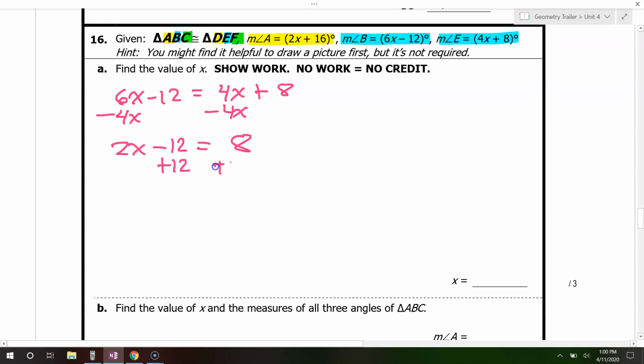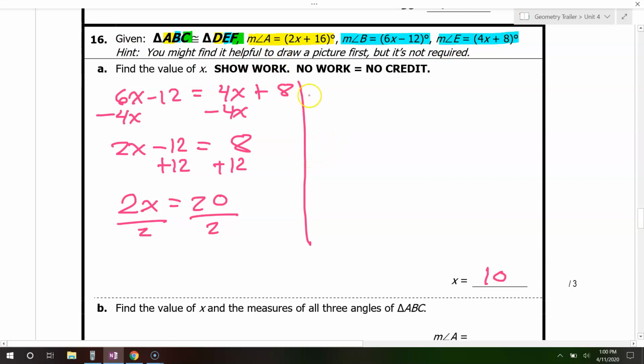If you add 12 to both sides, that tells you that 2x is equal to 20. And then if you divide both sides by 2, we get x is equal to 10. Now, I can use that to find angle A, and angle B, and angle E, and anything else you want.